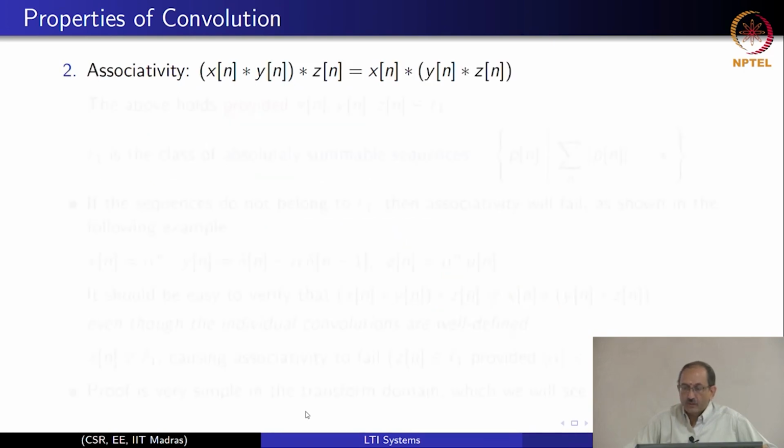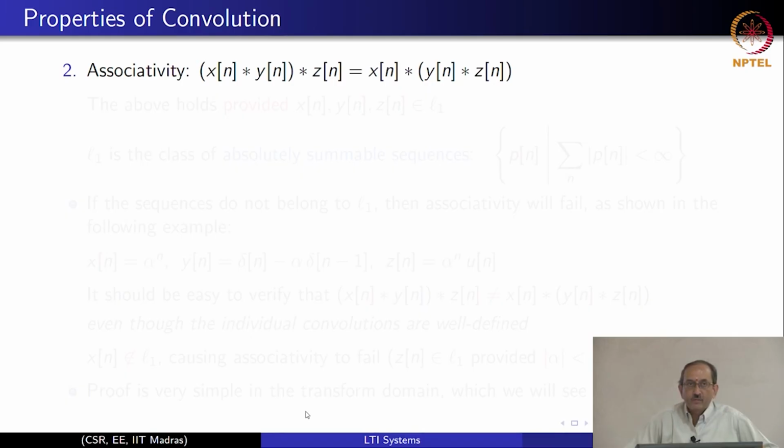The next property that we want to see is associativity of convolution. So x convolved with y, convolved with z, is the same as x convolved with y convolved with z, and this is similar to the property in continuous time.